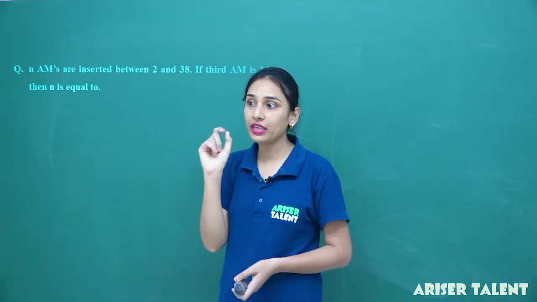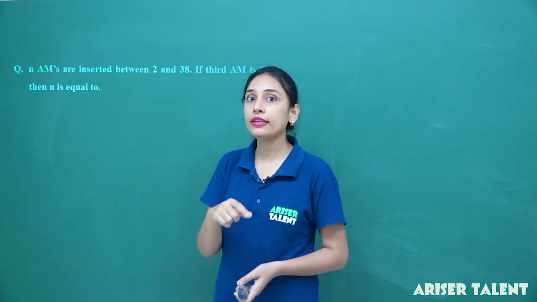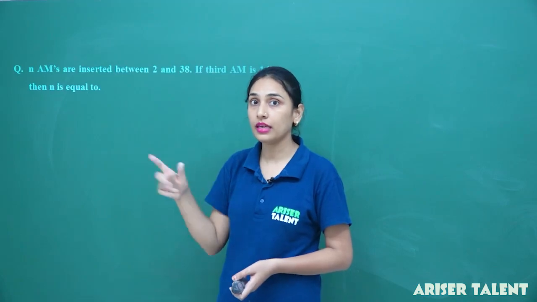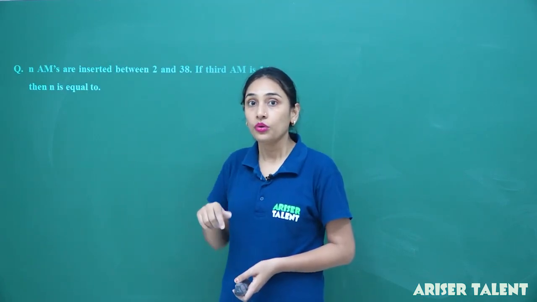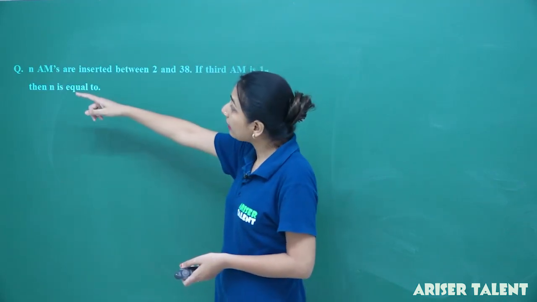So we have n plus 2 terms, I have told you about that, and in that question I found D equals B minus A by n plus 1, something like that. Remember that. Now we will use that property here.